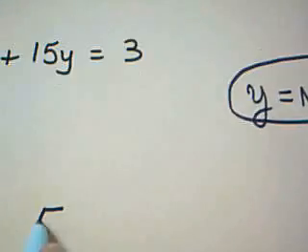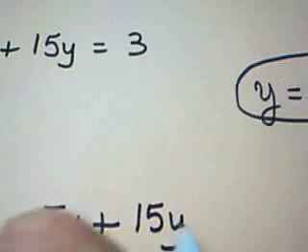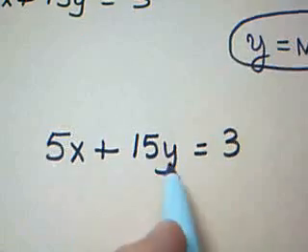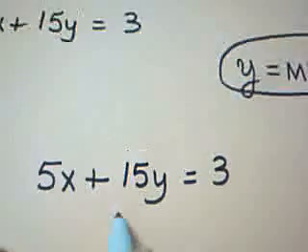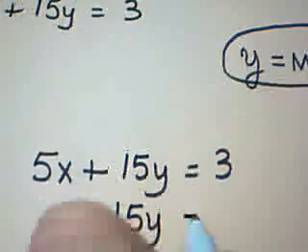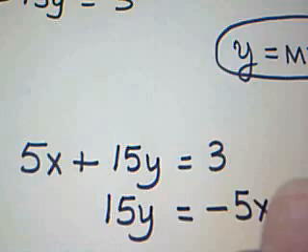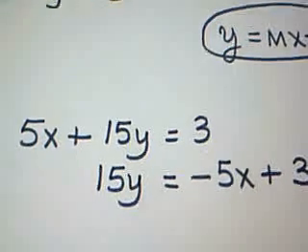So I'm going to take 5x plus 15y equals 3, and I'm going to solve that equation for y. I'm going to put it in y equals mx plus b form. 15y would be equal to the opposite of 5x plus 3. In other words, I subtracted 5x from both sides of the equation.